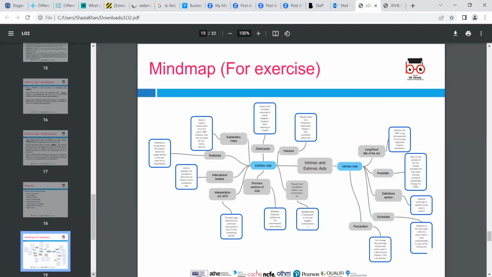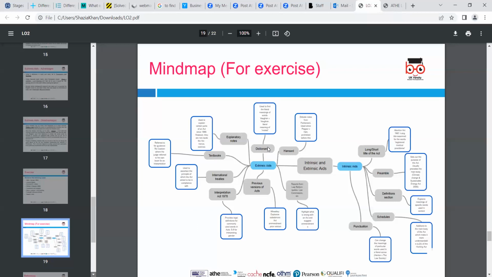And then Hansard, which looks at debate notes. And then you've got the reports from Law Reform and Law Commission, which highlight what is wrong with an act. And then you've got previous versions of acts.